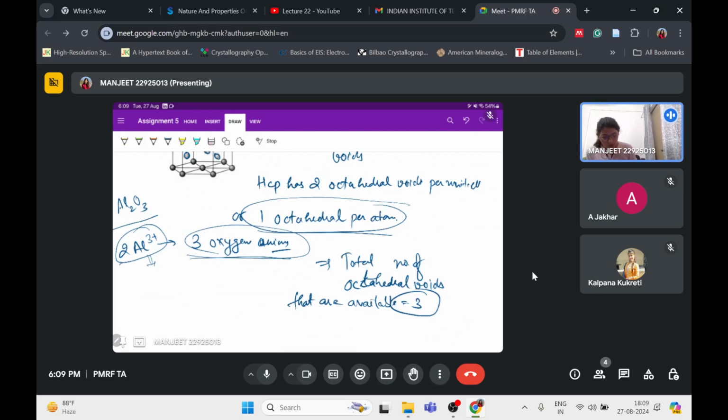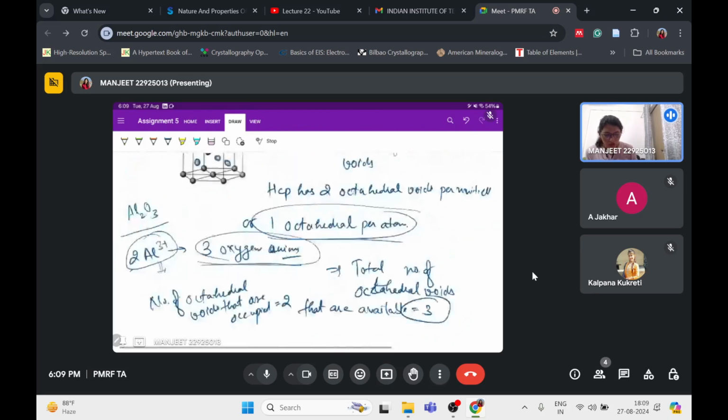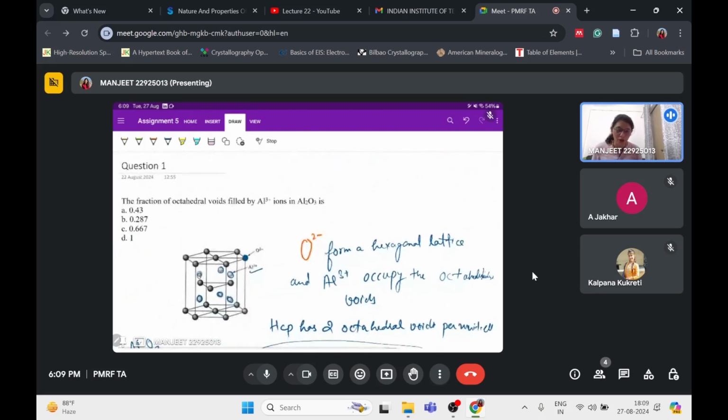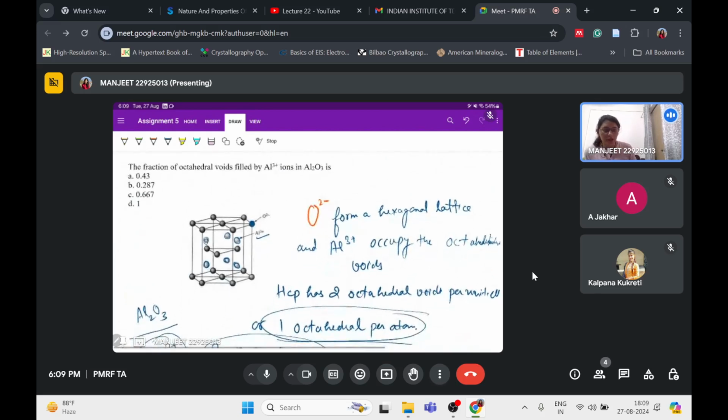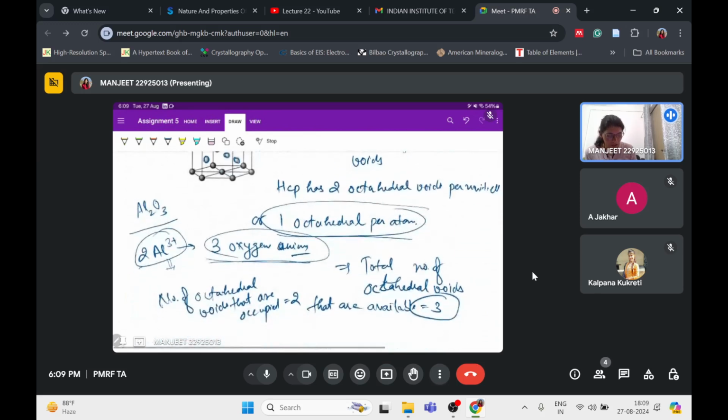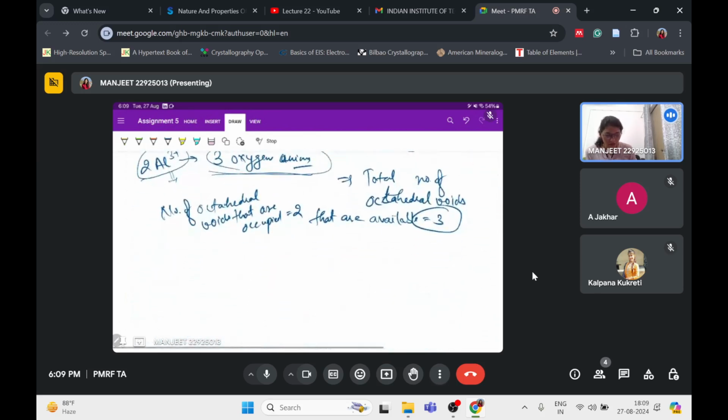Two aluminum 3+ ions correspond to the three octahedral sites. So the number of octahedral voids occupied will be 2. Now we have to calculate the fraction of octahedral voids filled.